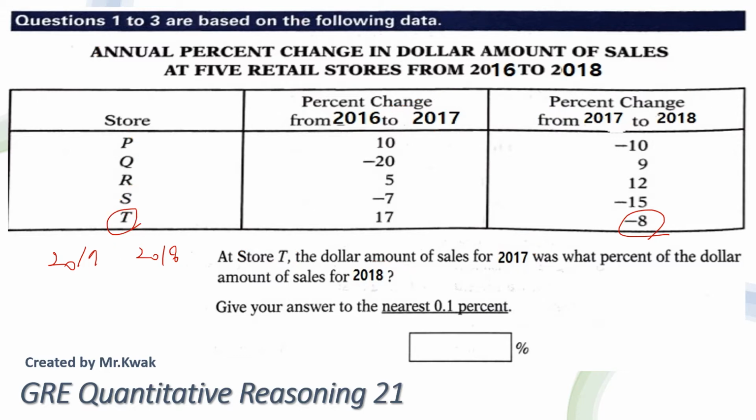From the table, if we assume the dollar amount in 2017 as A, could 2018 be expressed this way?